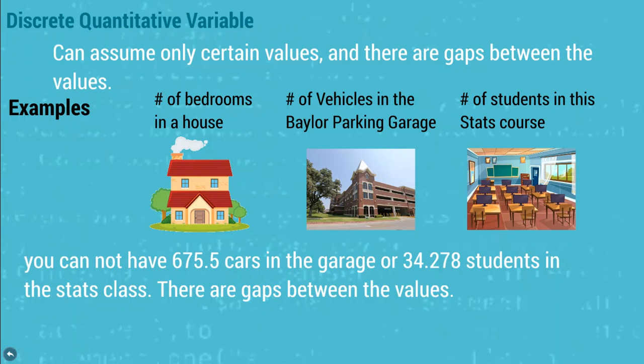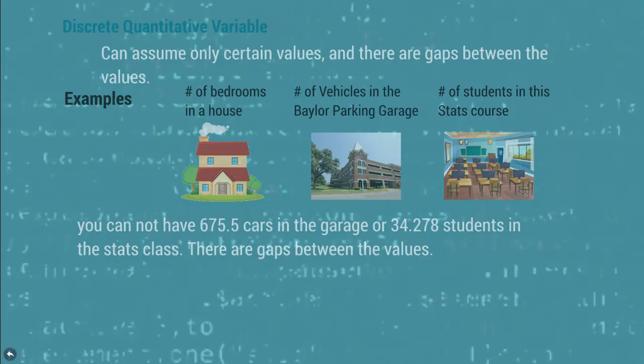Or the number of students in a stats course. Although all may not be mentally engaged, you may have already tuned me out, they are completely physically there, therefore I have a whole number of students in this class. So these examples are all discrete quantitative variables that can only assume certain values, and there are gaps.